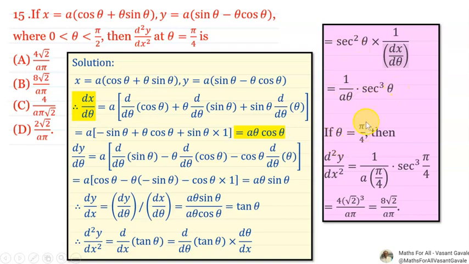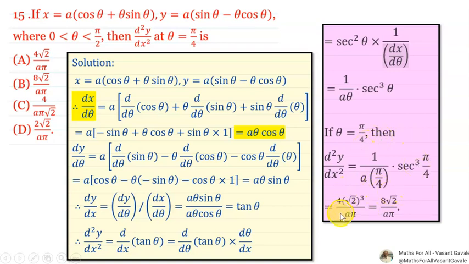If theta is equal to pi by 4, okay. Therefore, you will get here d2y by dx square is equal to 1 upon a into theta pi by 4, sec cube pi by 4. But what is the value of sec of pi by 4? Is root 2. Root 2 चा cube म्हणजे 2 root 2. Okay. 2 root 2 and next normal multiplication असणार त्यामध्ये हा numerator येणार 4 तो.